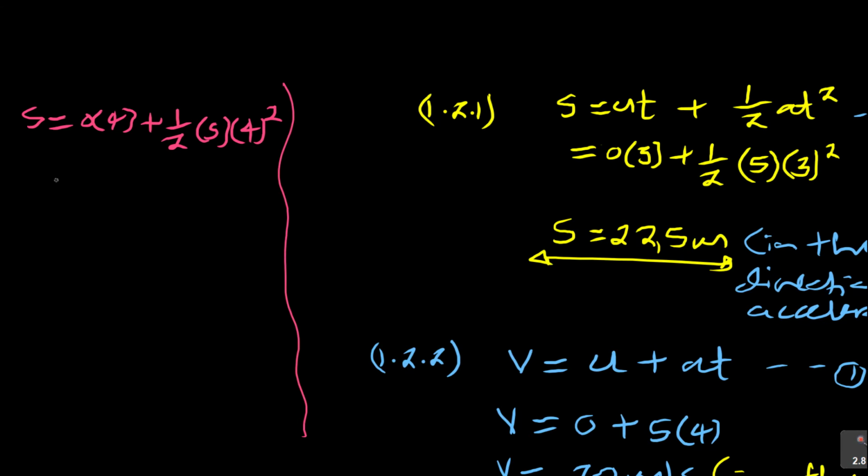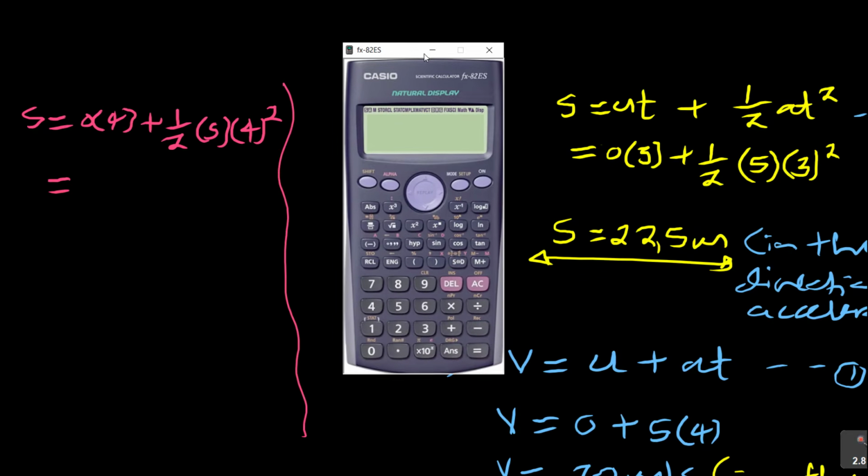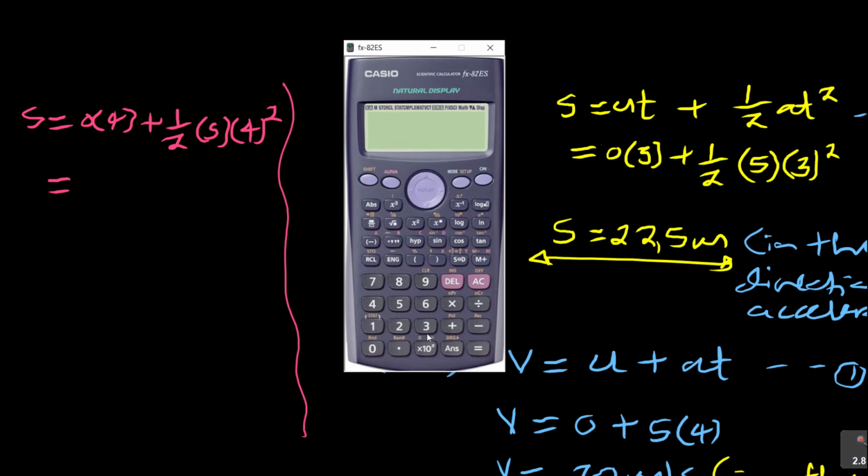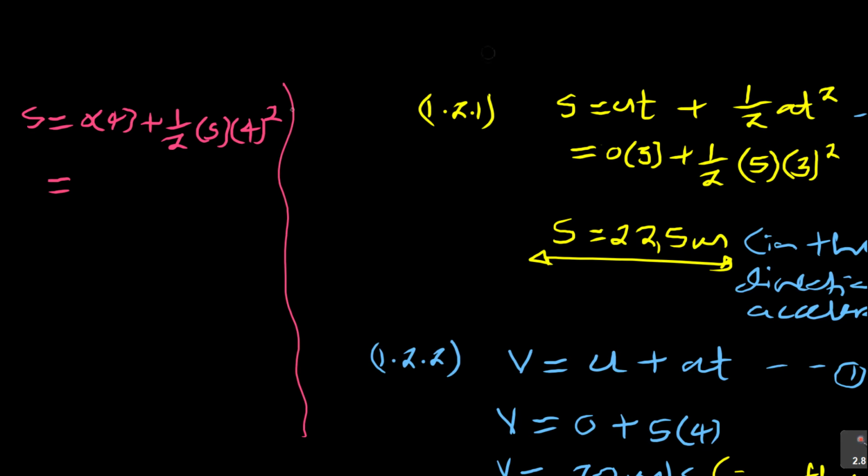You see that? This was the first part, where you find the displacement in 4 seconds. So you're going to have 1 over 2, you multiply it by 5 and 4 squared. See this? Then you find that it's 40 meters.